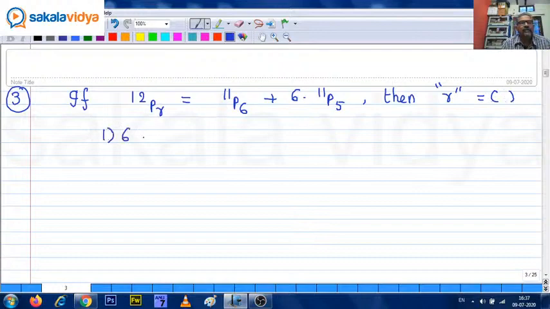First option 6, second option is 5, third option is 7, fourth option is 8.